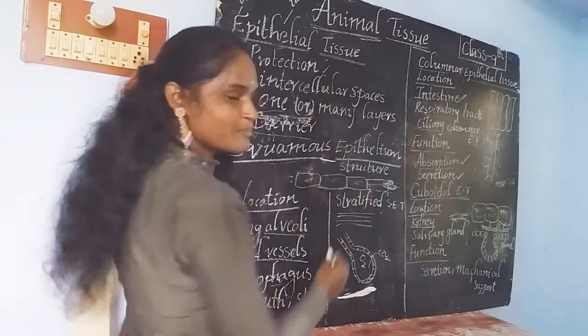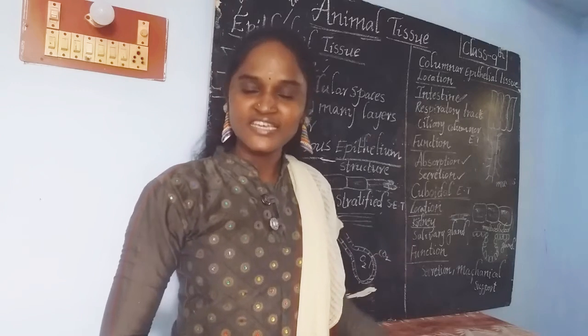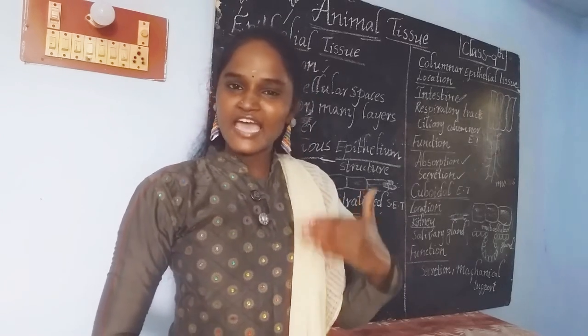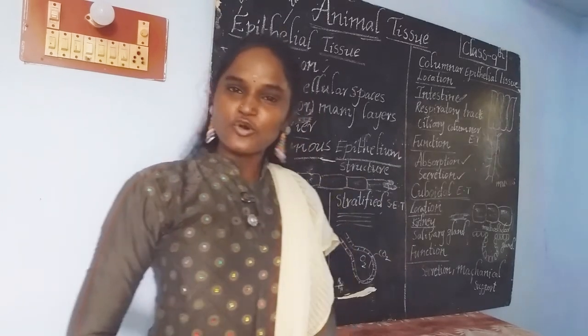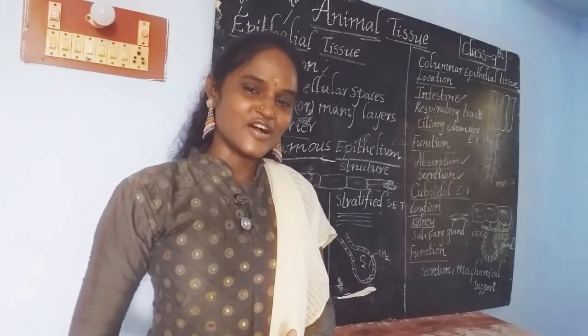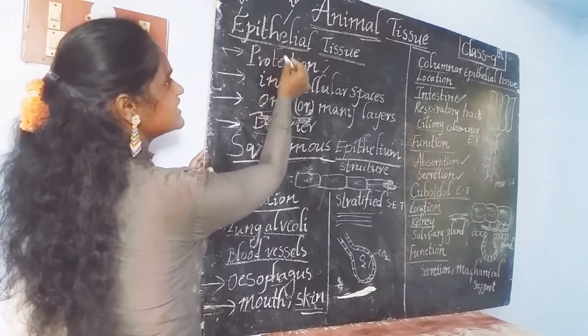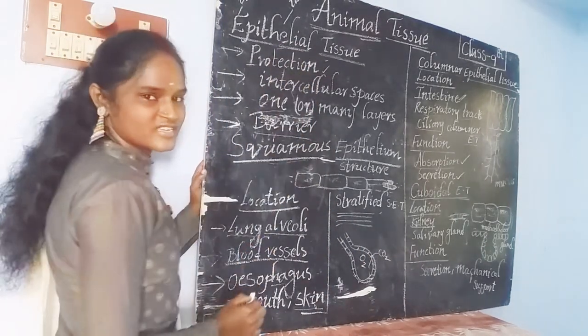Just like a plant body is made up of many layers from outside, in the same manner the animal body is also protected by many outer layers called skin. The main function of epithelial tissue is protection.